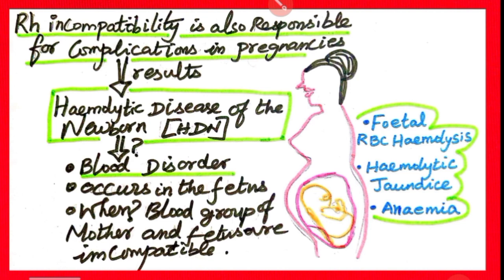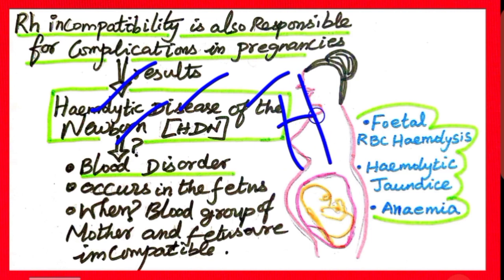Besides blood transfusion, Rh incompatibility is also responsible for complications in pregnancy. Rh incompatibility in a pregnant woman results in hemolytic disease of the newborn, short form HDN, right?